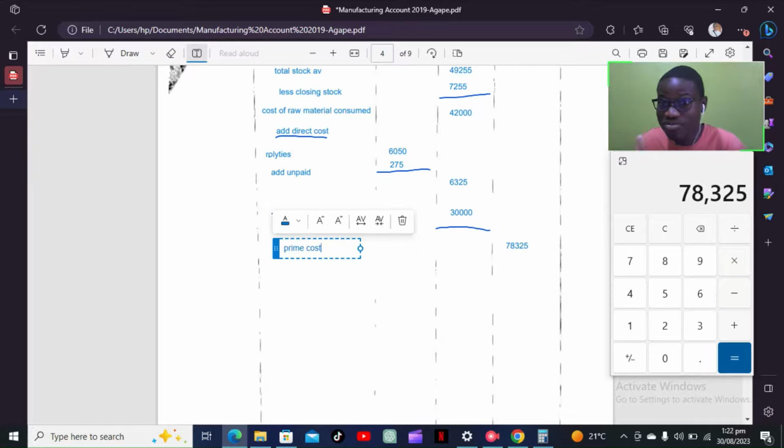And that's all. And sometimes you might have work in progress. Work in progress is simply goods that haven't been completed. You haven't finished producing them. They are incomplete produced goods. That's work in progress.